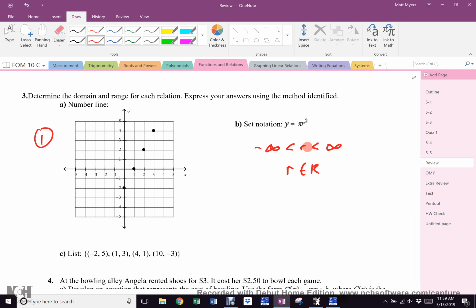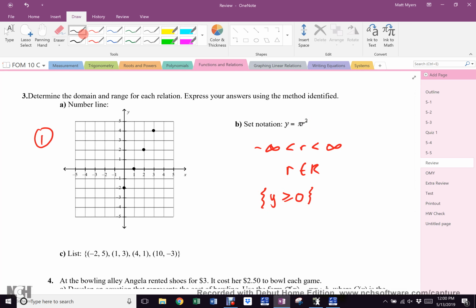What's the lowest value for y I could have? 0. Because 0 squared times pi is 0. As soon as I take that number away from 0, what happens? The value goes up, yes? So y must be greater than or equal to 0.